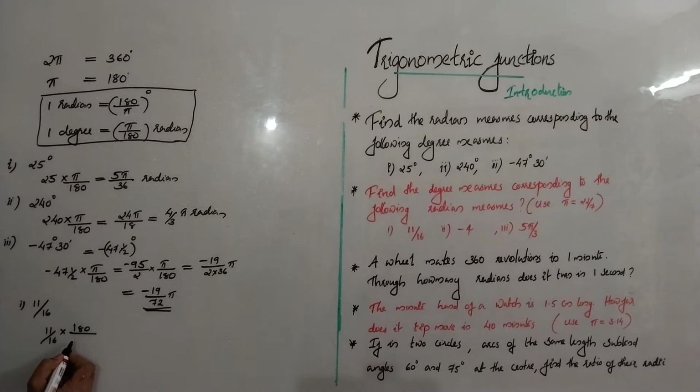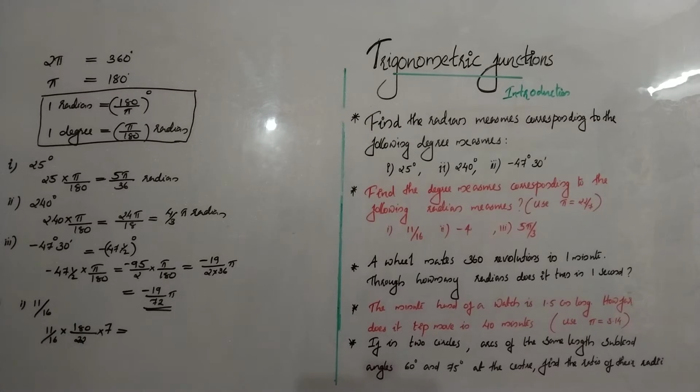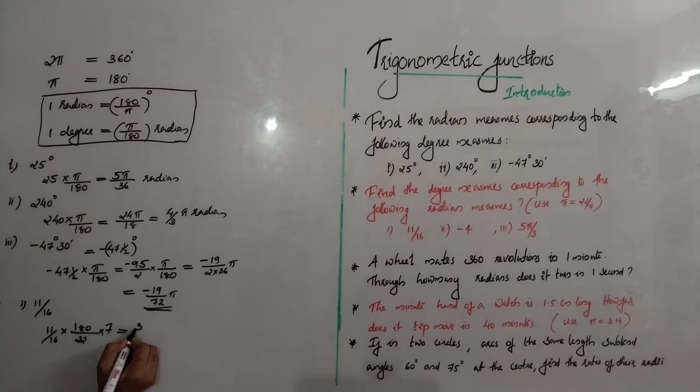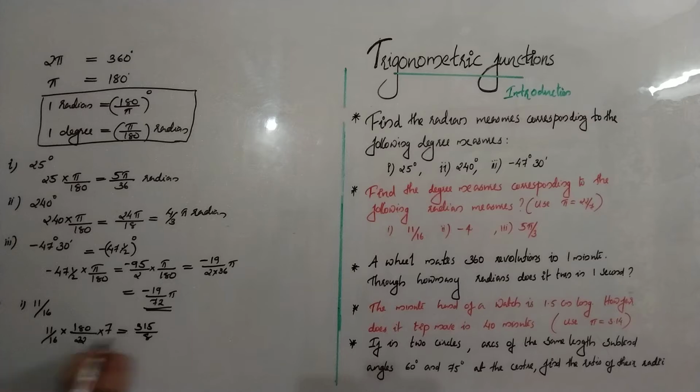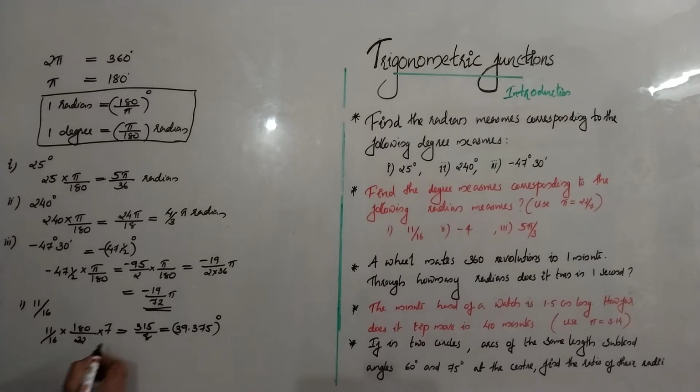Value of pi is 22 divided by 7. 11 by 16 into 180 by 22 into 7. Then after simplification we get 315 divided by 8, which is equal to 39.375 degree, which is 39 degree.